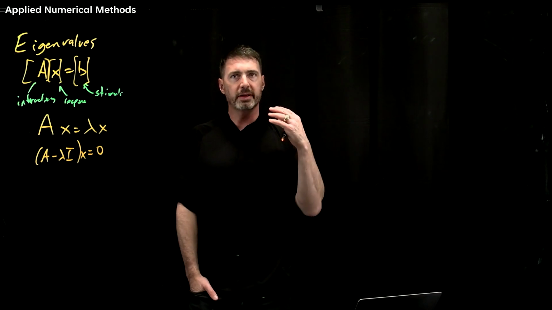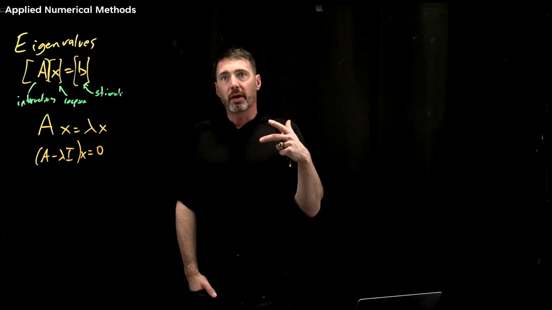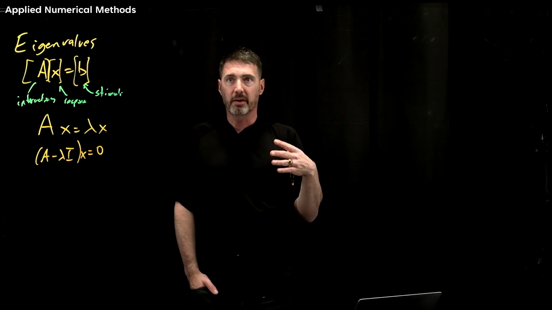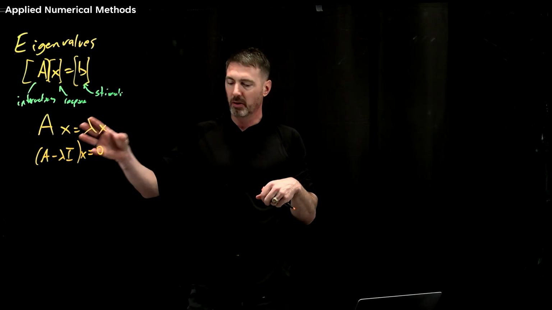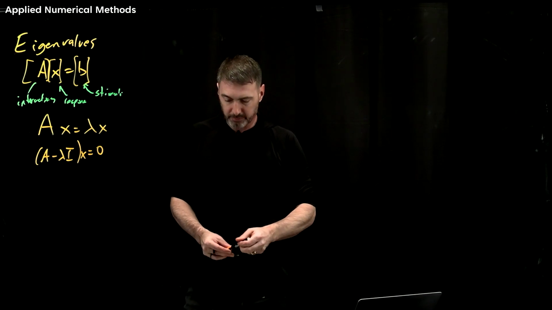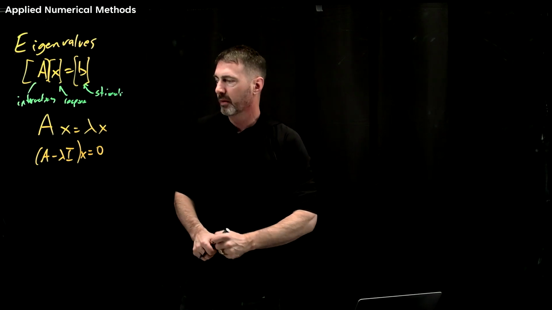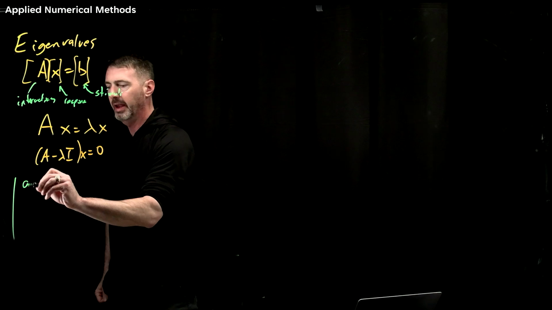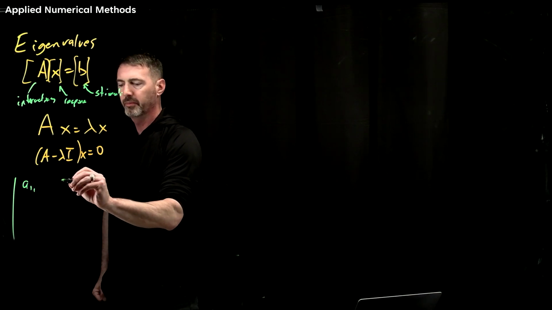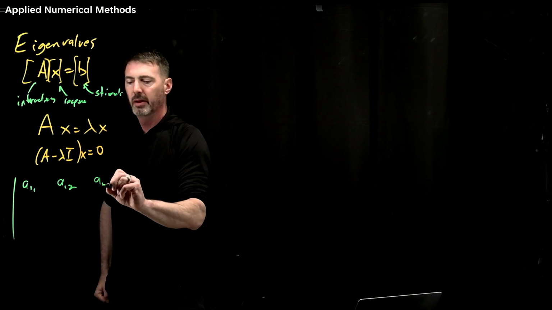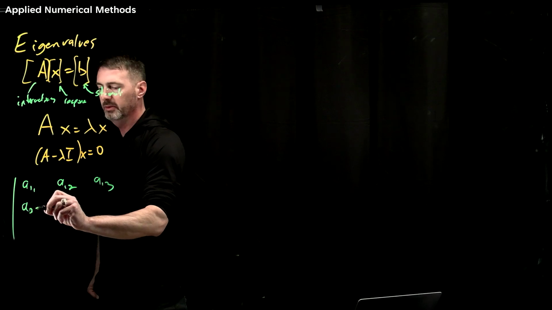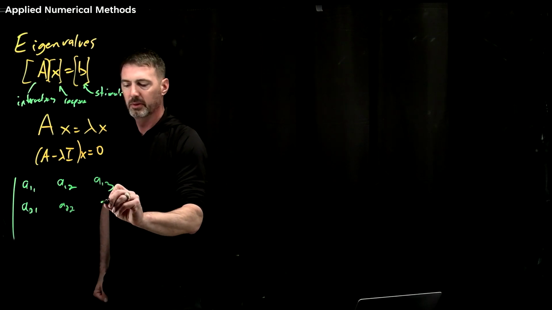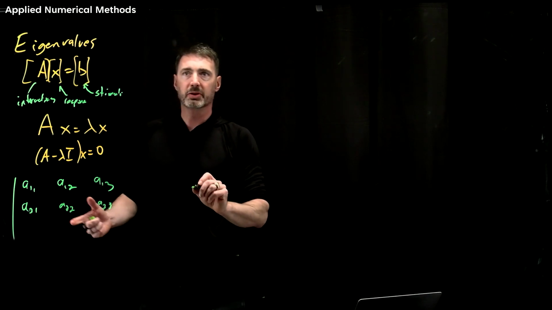If you've seen eigenvalues before in a math class, we would look at this matrix, and I'll write it out in a different color. We would take matrix A: A11, A12, A13, A21, A22, A23, and I'll just do a three-dimensional one.